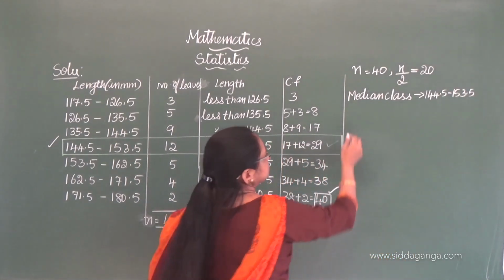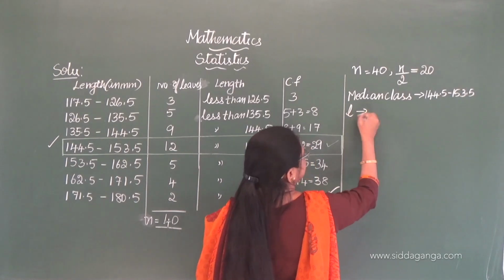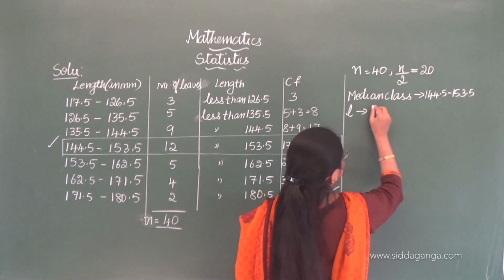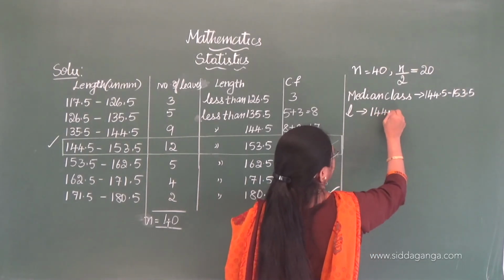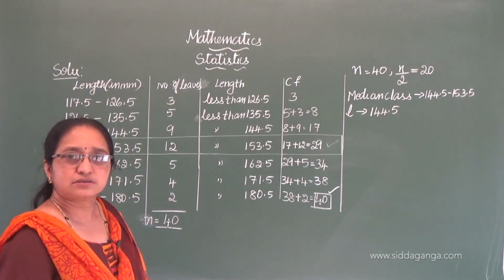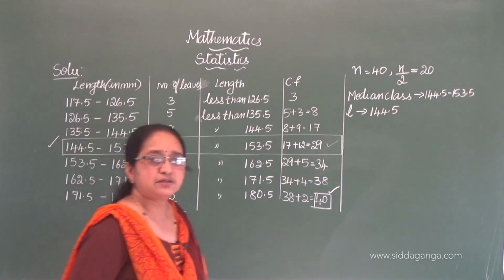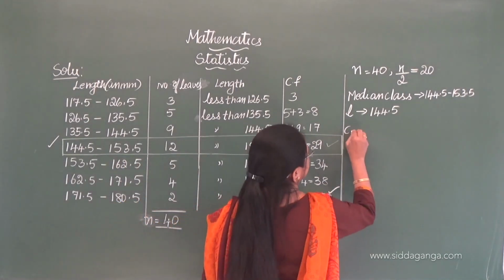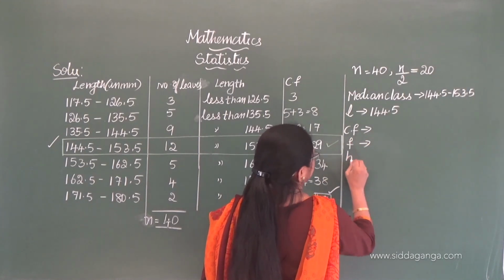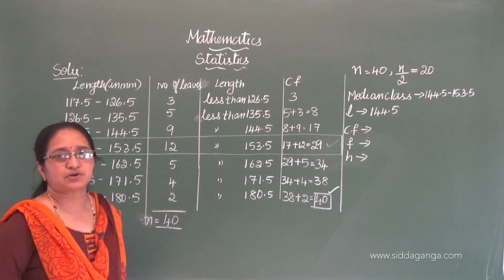So, you know what are the terms? L, that is lower limit of the median class. Lower limit of the median class is 144.5. I hope you can recall what we did in the previous class. So, L. Then what else we need? Cumulative frequency we need, and also frequency we need, and also H we need, correct? So, try to recall the formula.